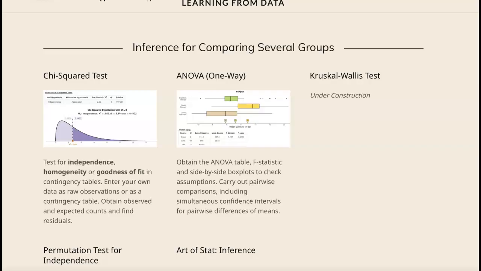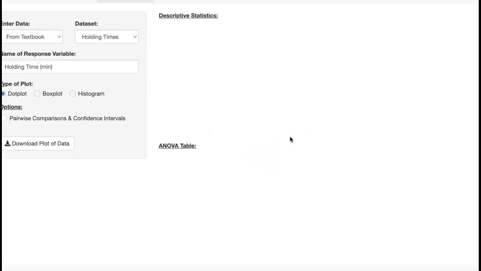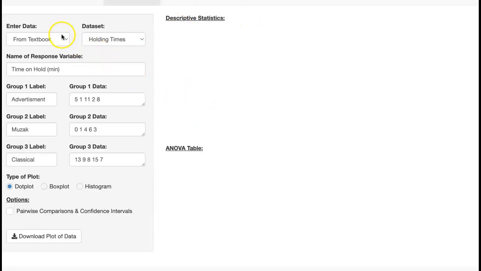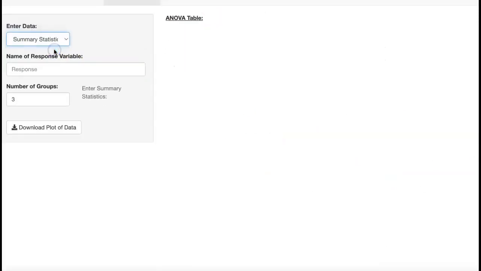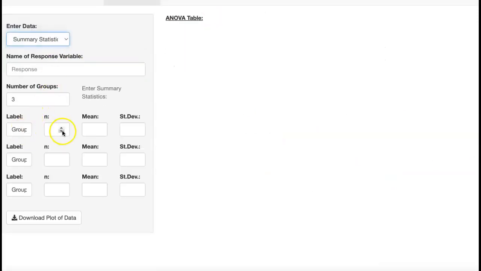What this looks like in the ARTIST stat, you would go to one-way ANOVA, that's near the bottom, comparing several groups. You will see, as it pops in, the option to enter in the data. You'll provide your own data, or if you have the summary statistics, then you can enter in the group labels, the sample size, the mean and standard deviation.